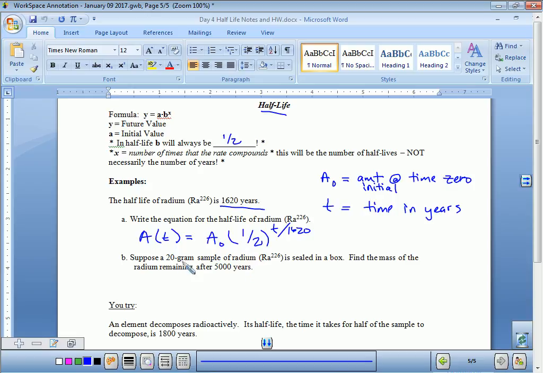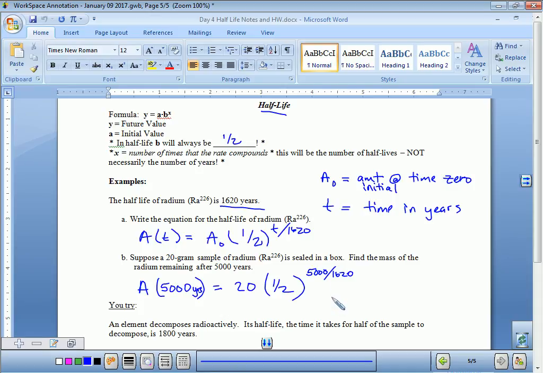So, if we started with a 20-gram sample of radium-226, and we're trying to figure out how much is remaining after 5,000 years, the amount after 5,000 years would be the 20 we started with, its half-life, and how many time periods are there in 5,000 years. So we do 5,000 divided by its half-life. And the half-life for radium-226 is 1,620 years. Now, this is a measurable substance, so we can come up with decimals for this.